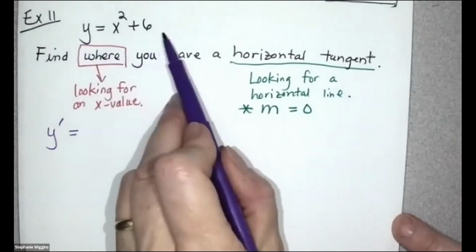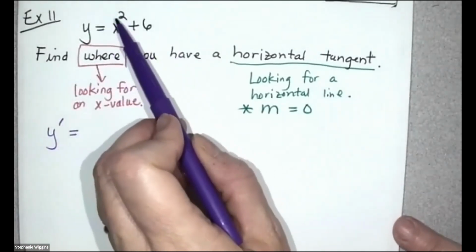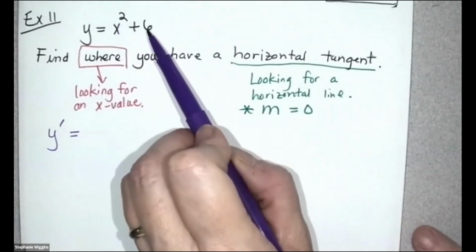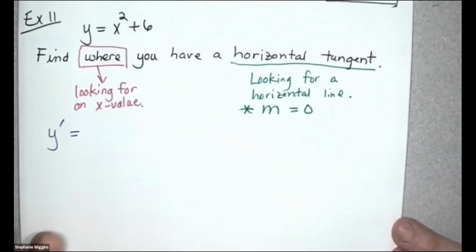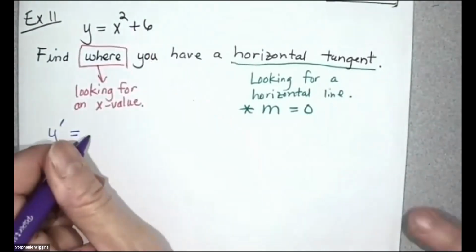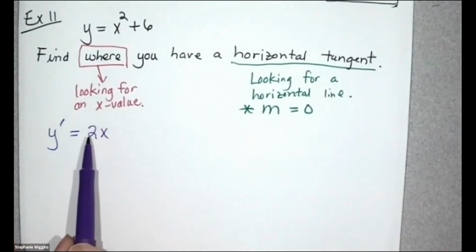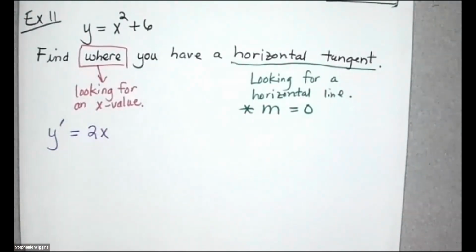And to take the derivative of this y equals x squared plus 6, we apply the power rule. The derivative of the 6 is 0, but this is 2 times x, and then you subtract 1 from 2. So that's going to give you a power of 1, which is just plain old 2x as your derivative.